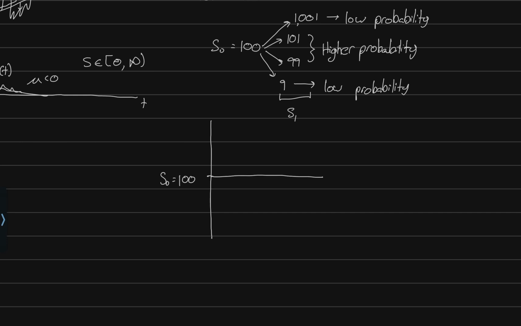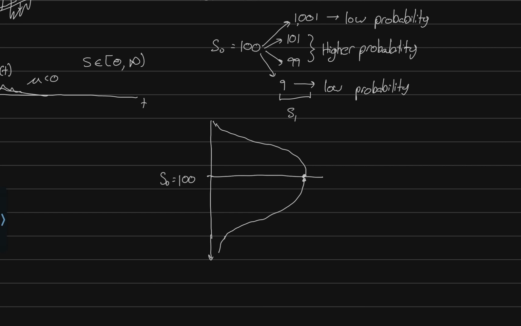So my density function would almost look like this. And the higher this point on the curve is, the greater my probability is, right?